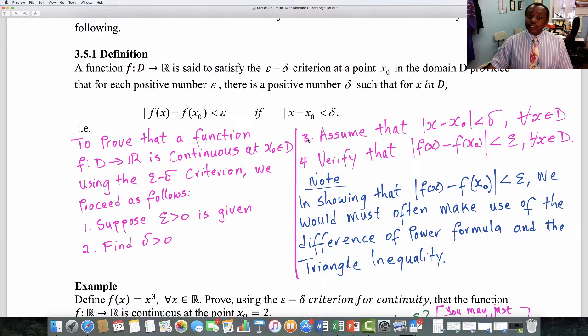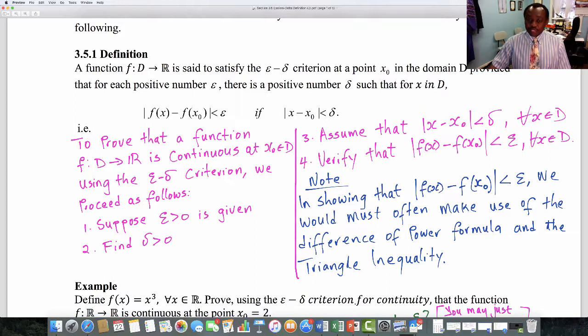Step 3, we assume that the absolute value of x minus x0 is less than delta for every x in D, and then we verify that the absolute value of f of x minus f of x0 is less than epsilon for every x in D.